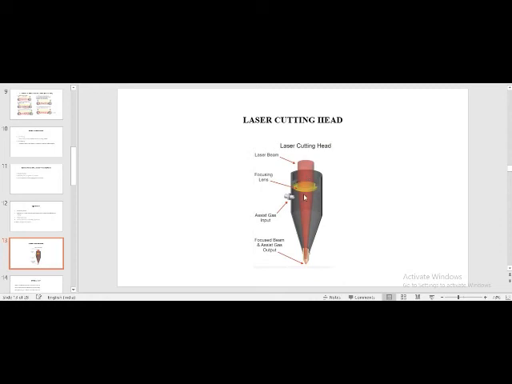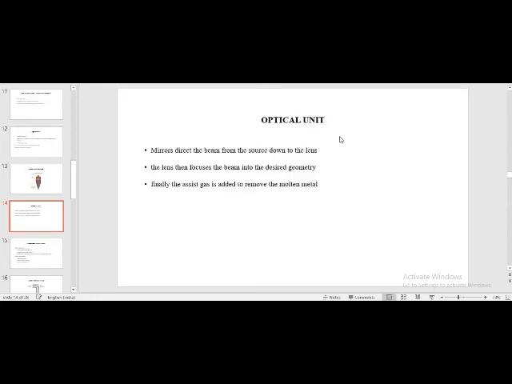In this other diagram, we can see a laser cutting head, a laser beam, a focusing lens, the assist gas input, and the focused beam and assist gas output. The assist gas is delivered with the laser beam, and when the laser beam passes through, the assist gas also exits from this portion.